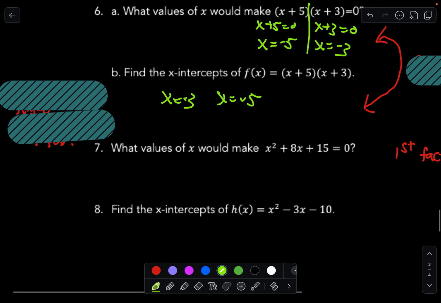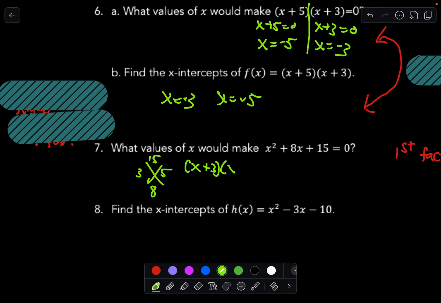What values of x would make x squared plus 8x plus 15 equal to 0? First thing we've got to do is factor. What multiplies to 15 and adds up to 8? That's going to be 3 and 5. So that's x plus 3 times x plus 5, and we want to know when that equals 0.